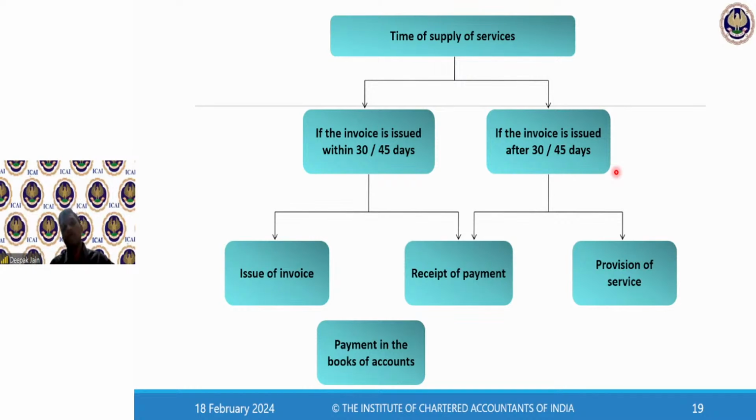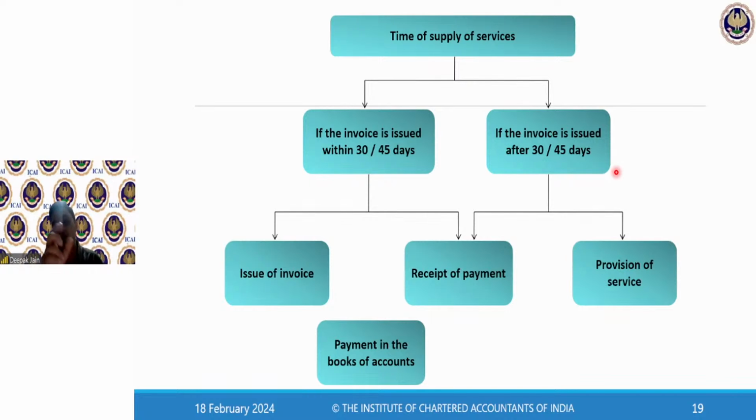Like how for goods we have the date by which you should raise an invoice, and if you have not raised it, that date becomes the time of supply. In case of services, 30th June you have completed this. By 30th July, you should raise the invoice. You have raised it with one day's delay. Time of supply will go back to the date of provision of service. It will go back to 30th June.